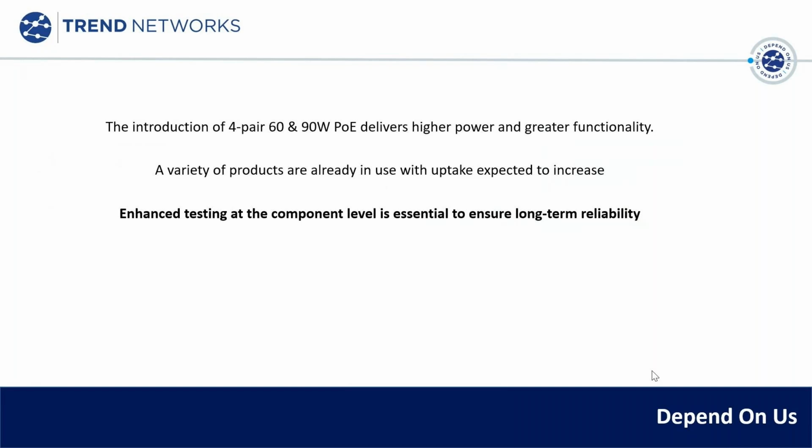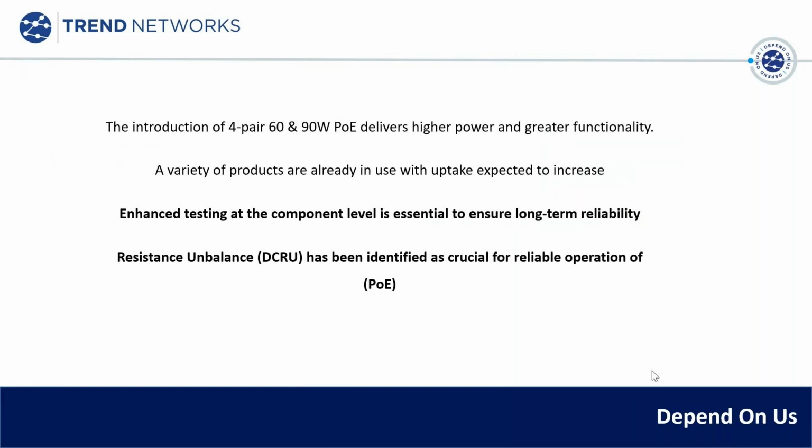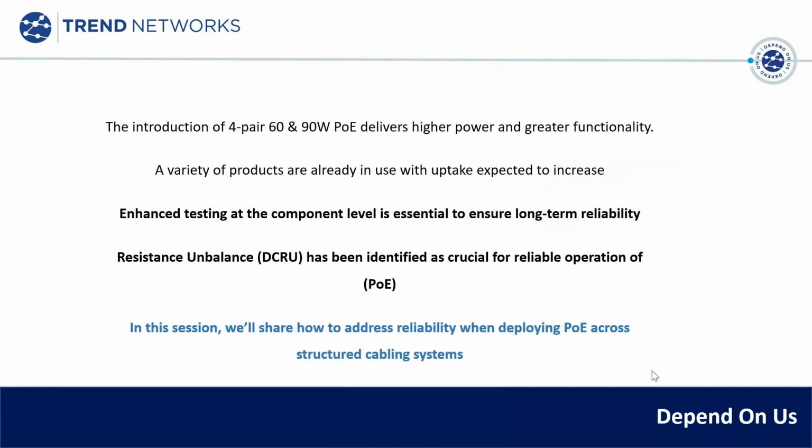Enhanced testing at the component level is essential. So when we're talking about DCRU, we're talking about an extra set of tests at the component level, essential for long-term reliability. Resistance unbalance was identified as crucial for reliable operation of PoE. In this session, we're going to share how to deploy it, how to make it reliable across structured cabling systems.